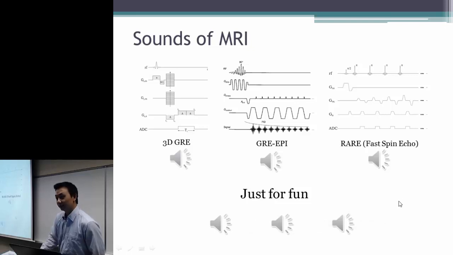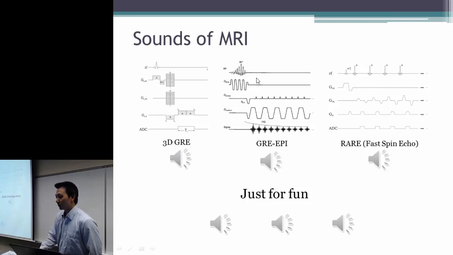He has recently patented a new technology named Silence or something, where you can barely hear the gradient motion. Right, the silent sequence. It's basically like a UTE sequence, ultra short TE sequence.